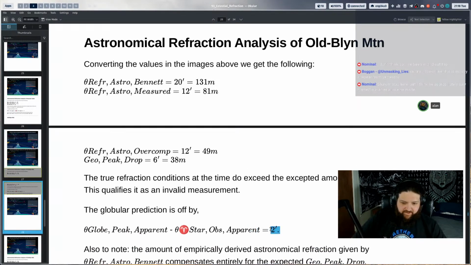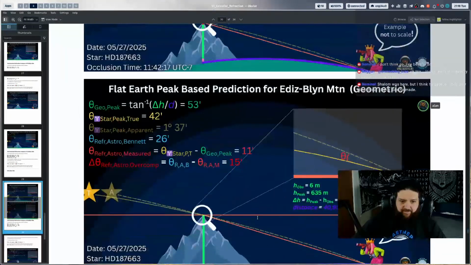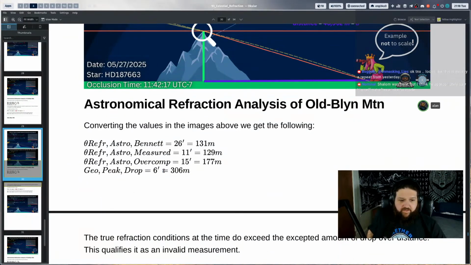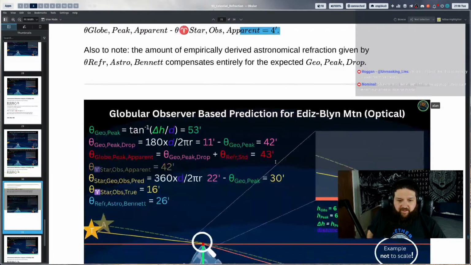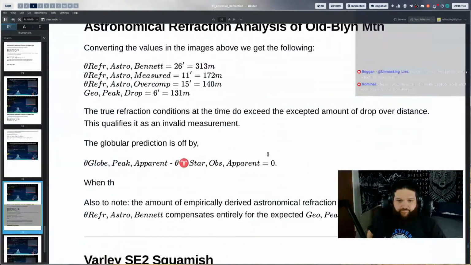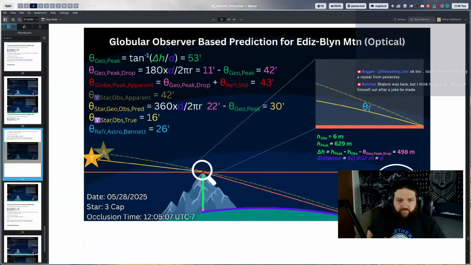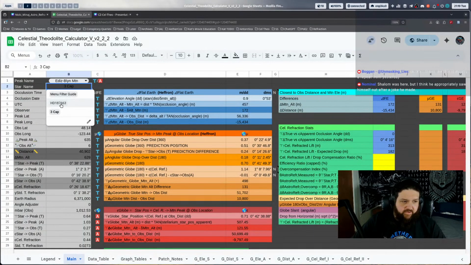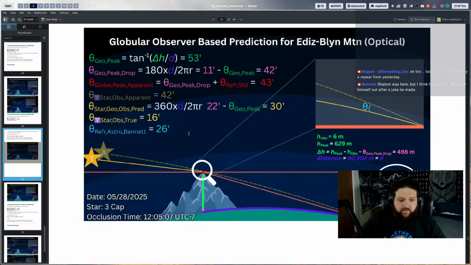All right, so 2 minutes off on. Oh, actually, that's the wrong peak. We're on these ones, the Ebens. So 6 arc minutes. No, I'm sorry. There are 4 arc minutes. Wrong one. All right. So for the one that we went over on the first one, this 663 star. No, that's 3 cap.